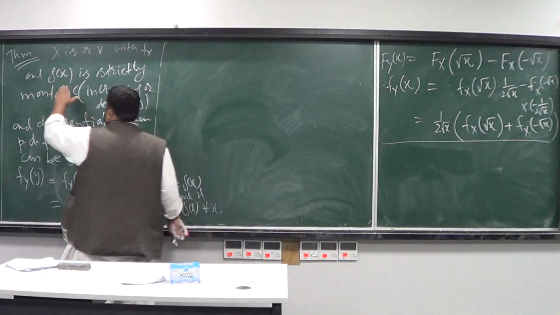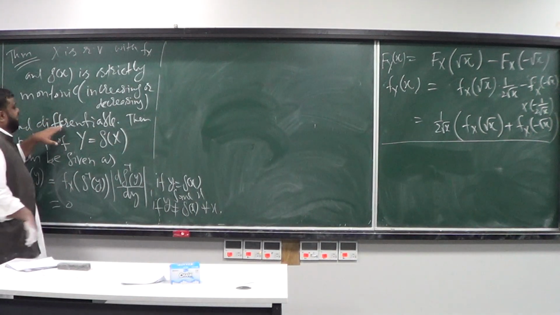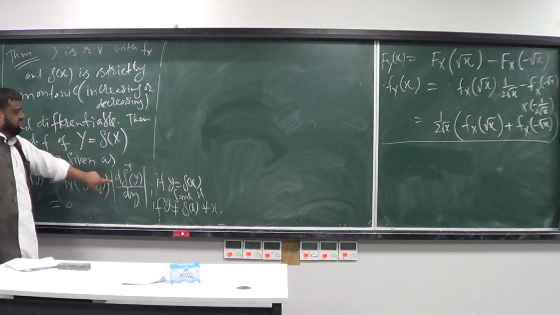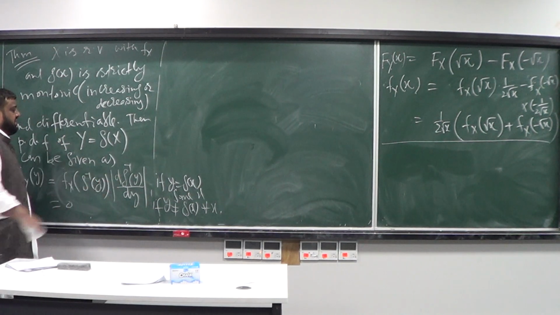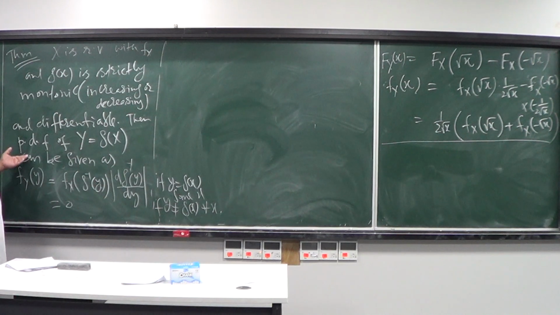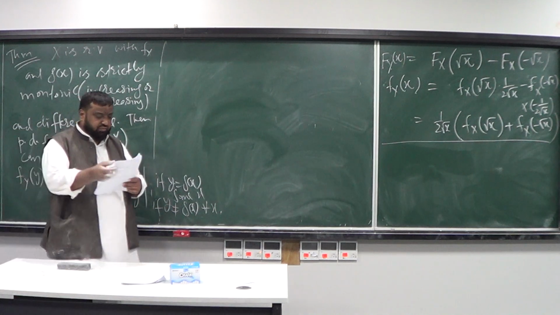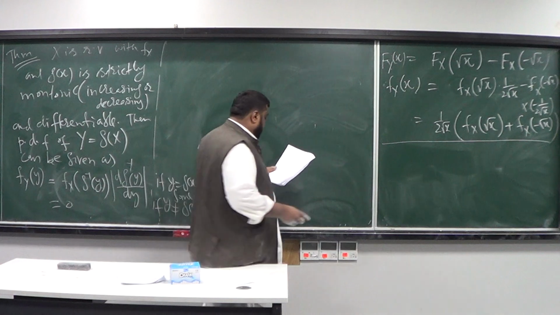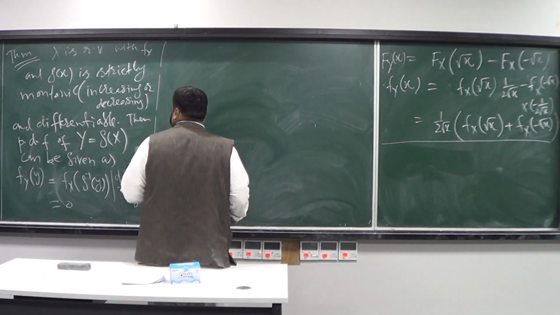In other words, g is invertible, or strictly monotonic and differentiable, and you need differentiation here. Then the PDF of Y equal to g(X) can be given as this formula. It looks complicated, but it's not that complicated. The formula is straightforward, and there is almost a one-liner proof of this theorem.